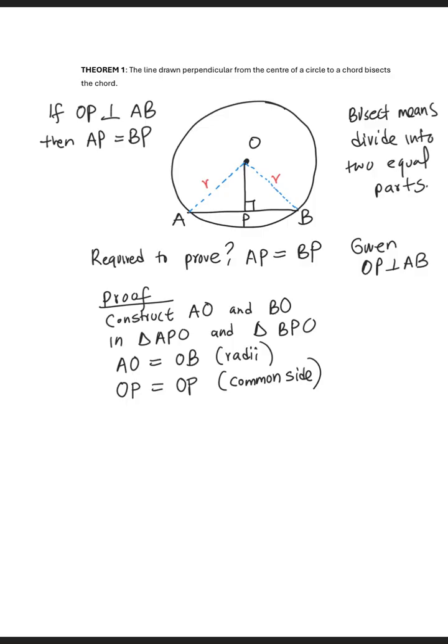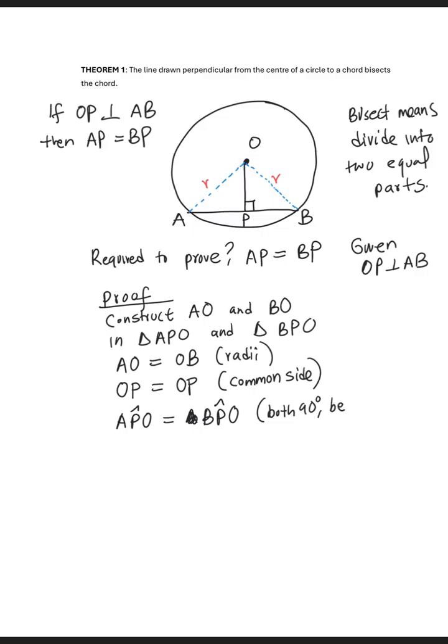So then we can say that angle APO is equal to angle BPO, and the reason is they are both 90.